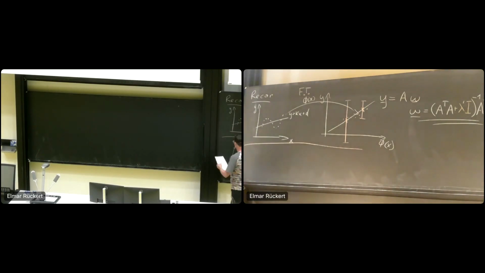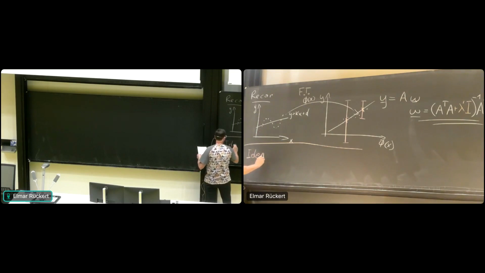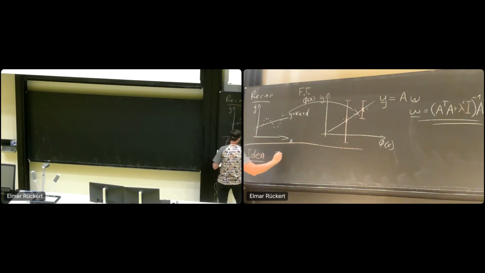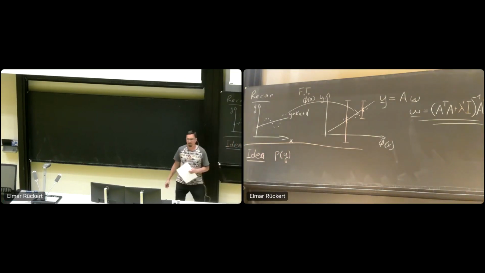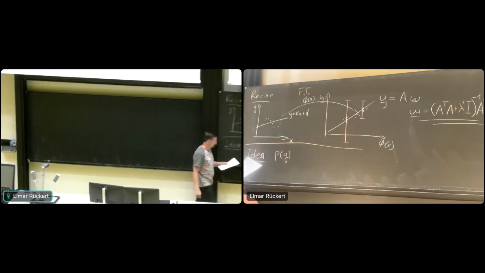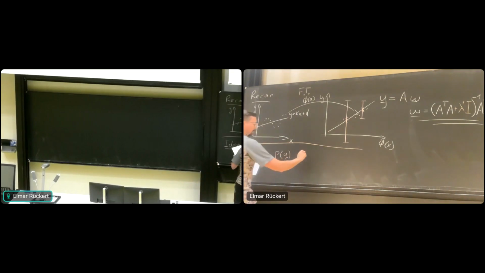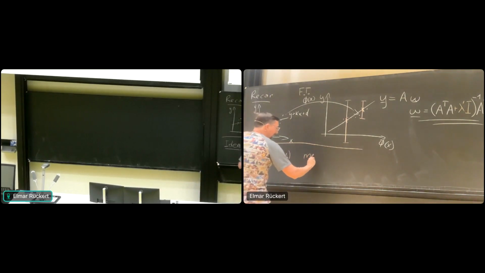The idea is that we define a model here that is probabilistic. So we define a distribution over our prediction y, P of y. And typically for Gaussians, we will need to express that in terms of mean and the standard deviation.